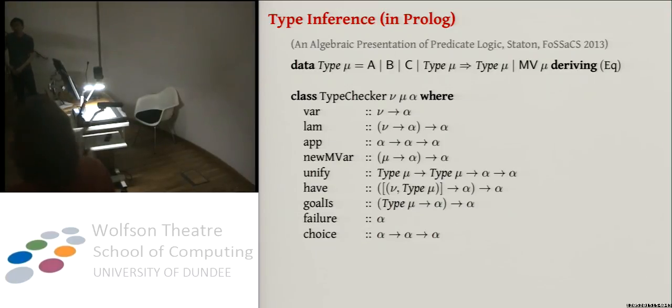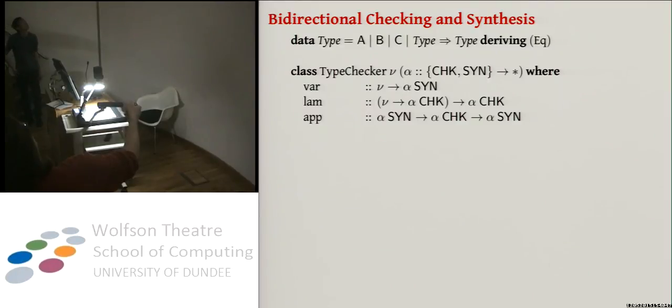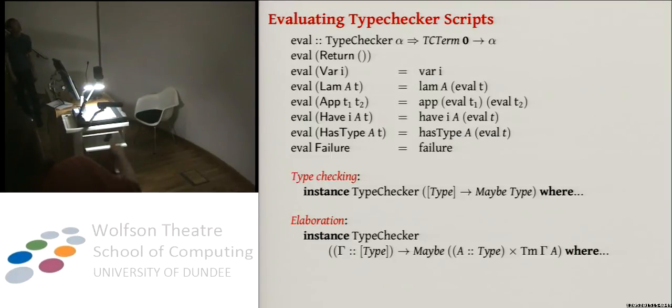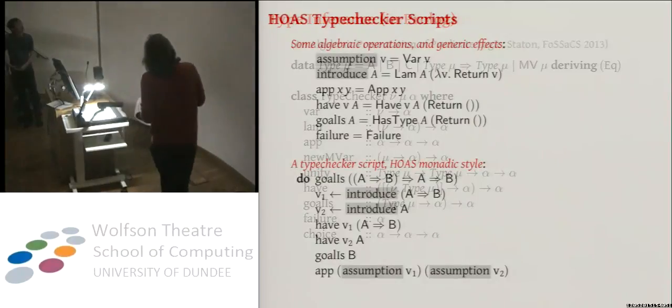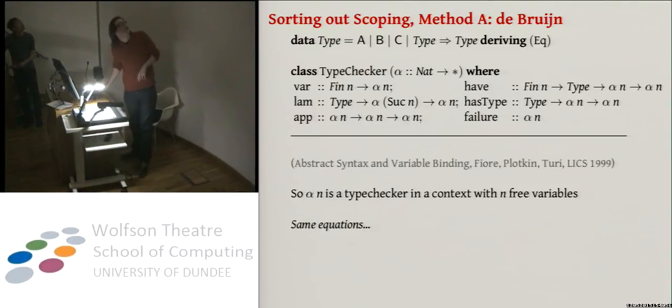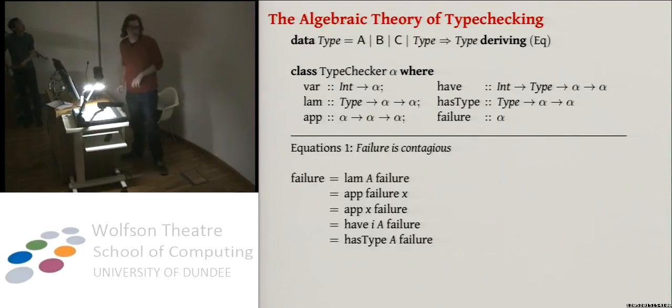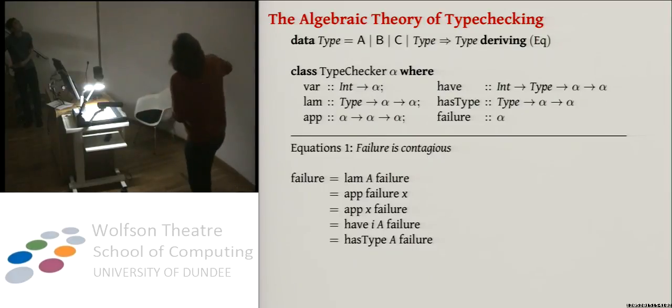So, these equations that said failure was contagious: the failure that happens inside a lambda could then turn into a failure that told you it was inside a lambda. So it could actually invert the context it was in to tell you where the problem was.